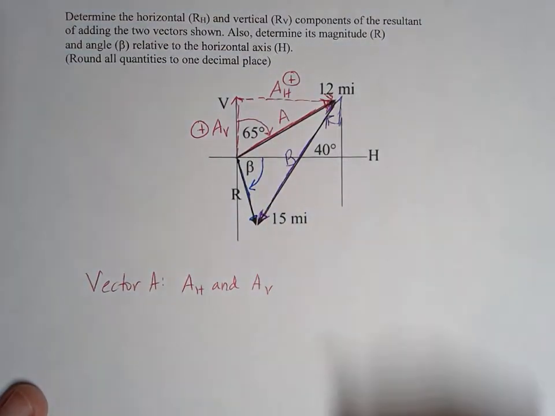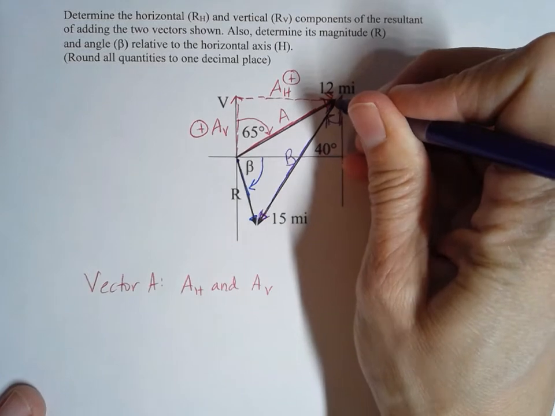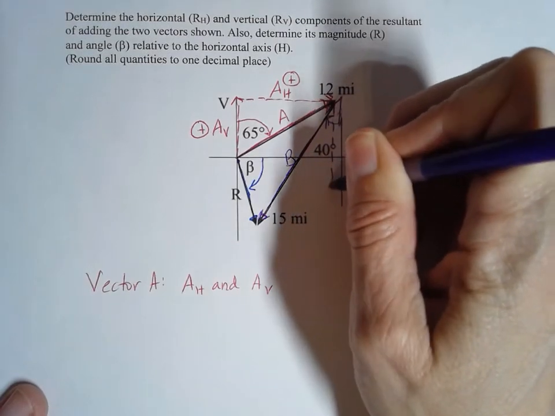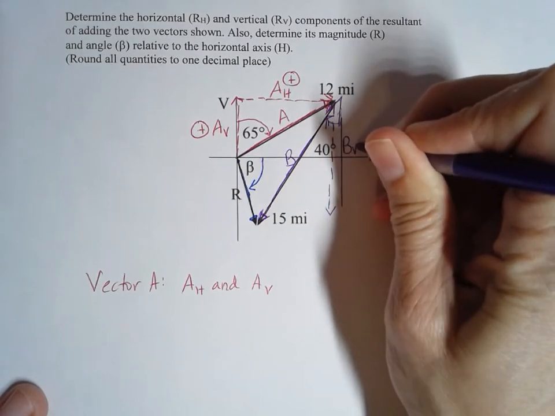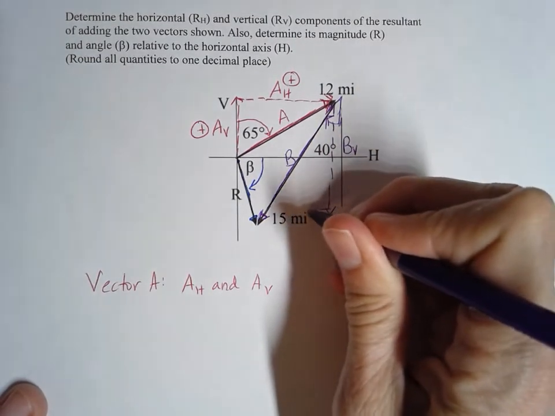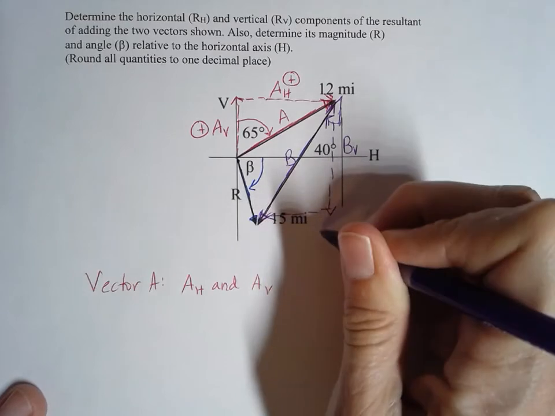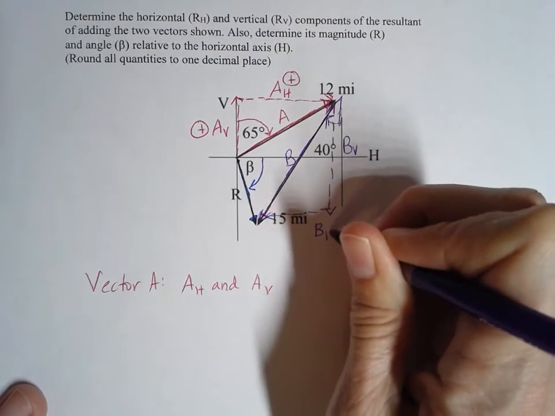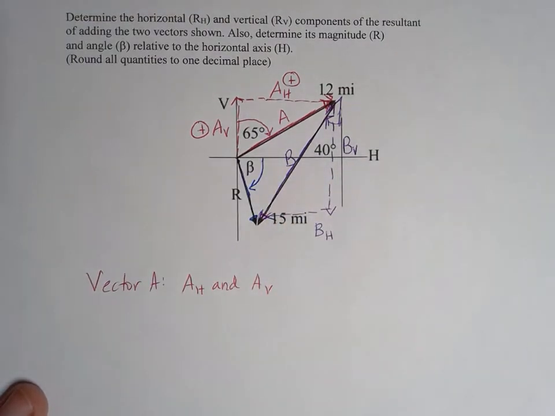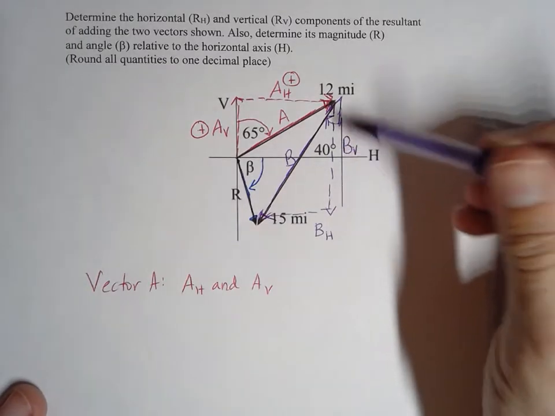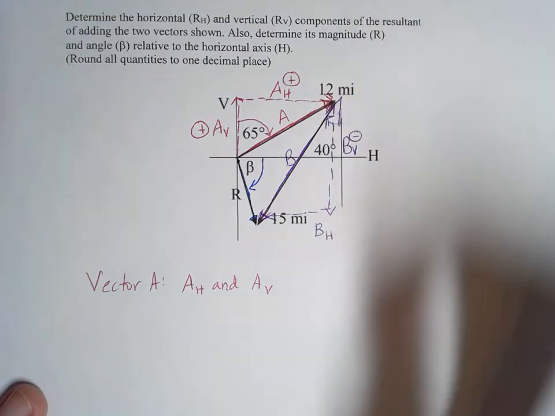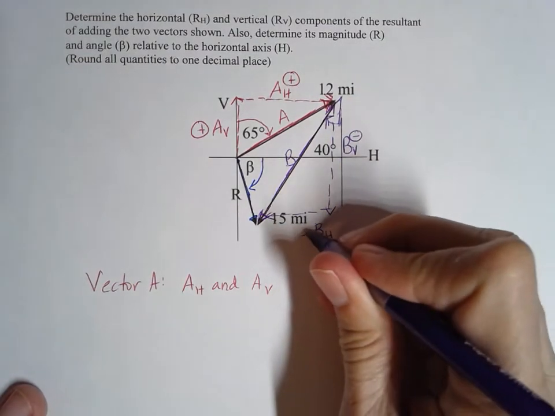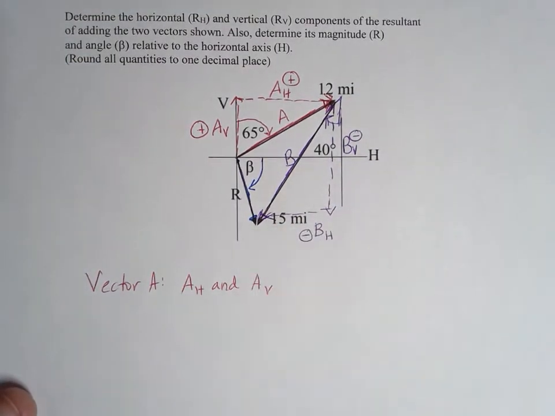The vector components are going to be a vertical component coming down here, B sub v, and also a horizontal component that meets up at the end of that vector. Now, B sub v, using that same frame of reference from the origin, is going to have a negative value, and B sub h is also going to have a negative value since it's going to the left.